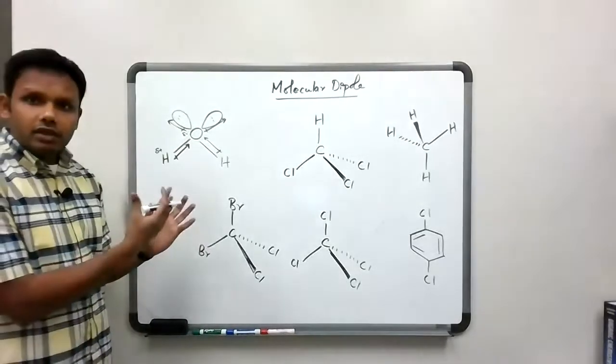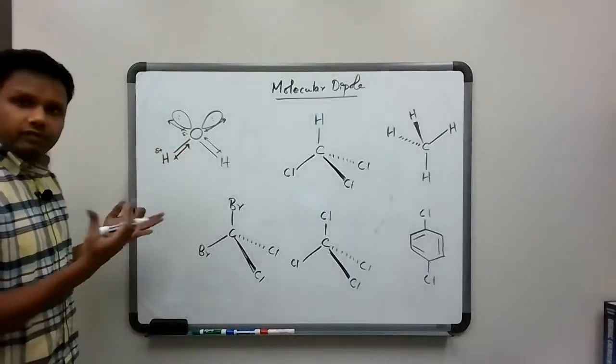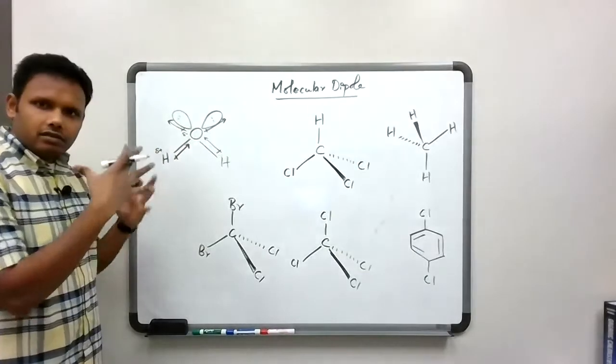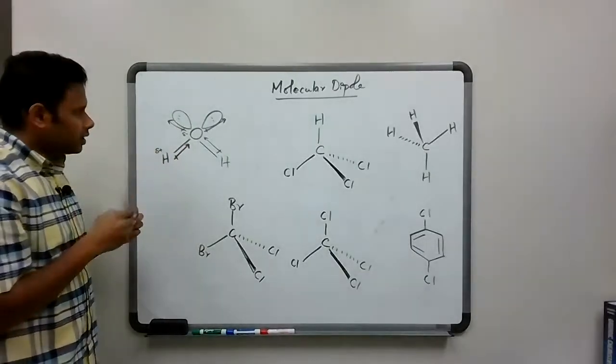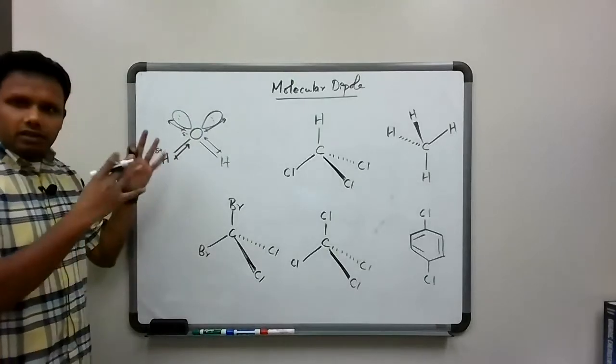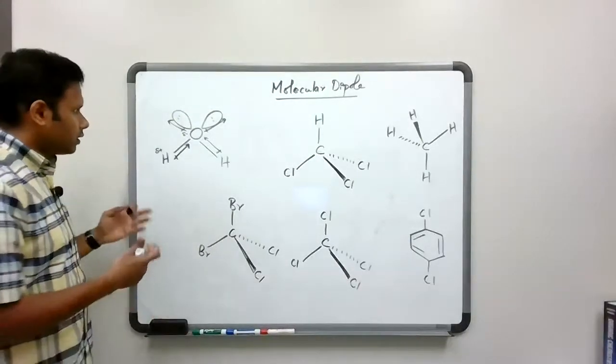Now, how do we come up with the molecular dipole based on these bond dipoles? We have to start adding these in a very physical sense and come up with the molecular dipole. These are based on vector additions, but we don't have to go into the math a lot.